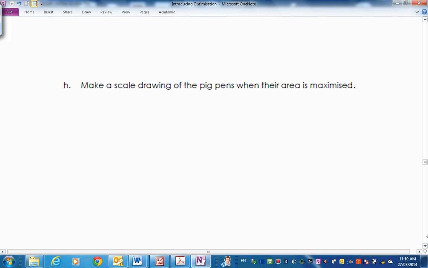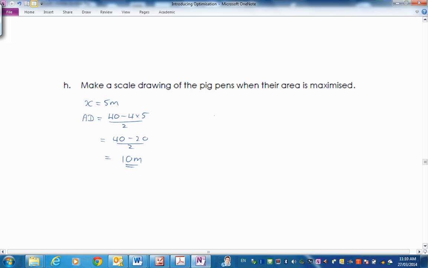Make a scale drawing of the pig pens when their area is maximised. Let's see what we've found. X was 5 metres. So the other length, the AD, what was that? It was 40 take 4 times X on 2, which is 40 take 20 on 2. 20 on 2 is 10.